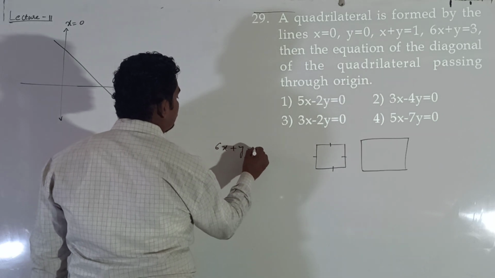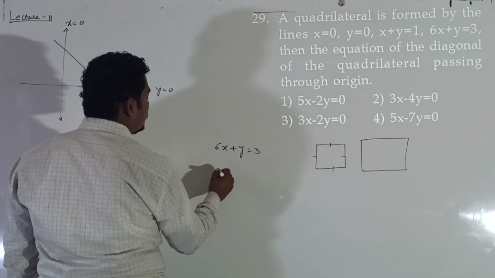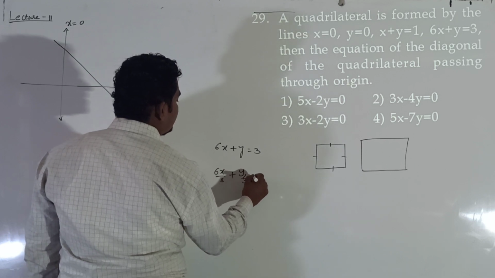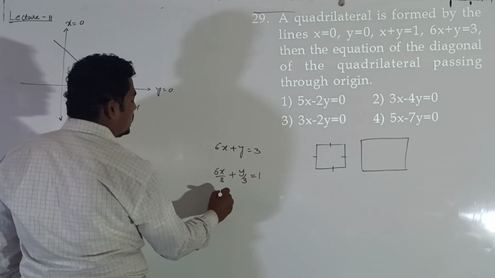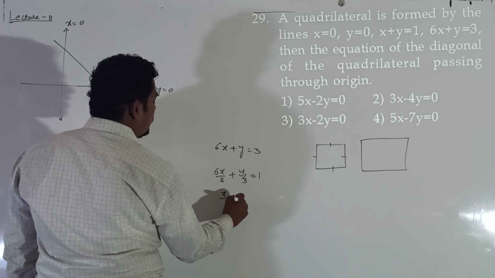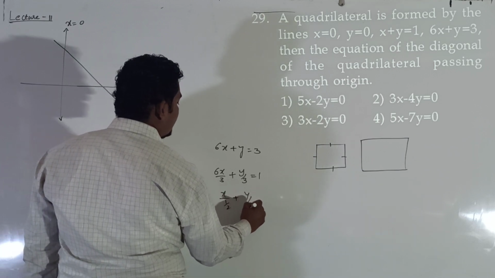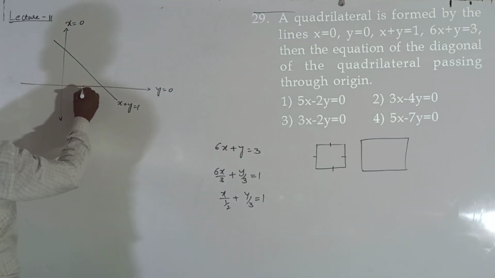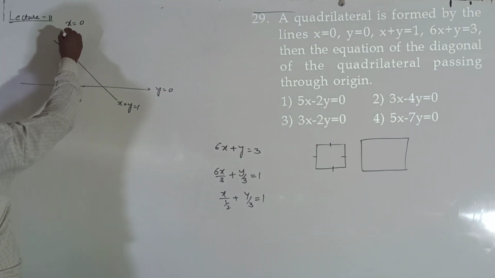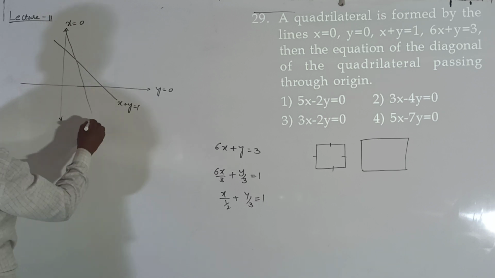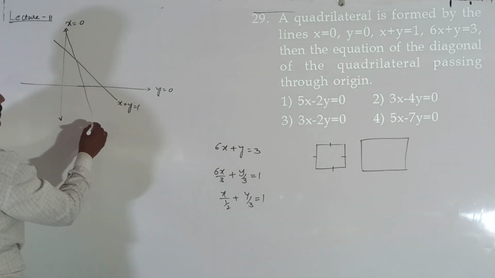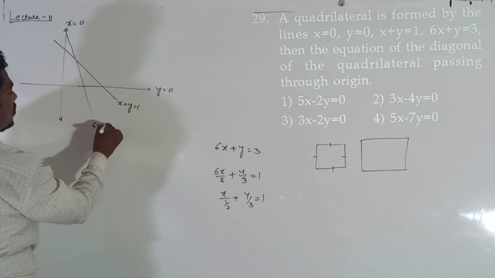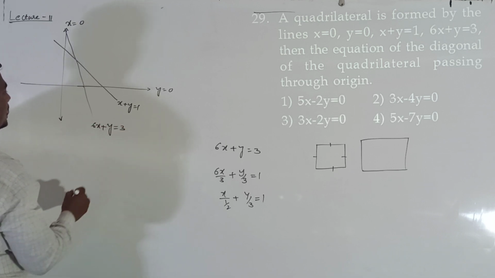Dividing 6x plus y is equal to 3 by 3, we get 6x divided by 3 plus y divided by 3 is equal to 1, then x divided by 1 by 2 plus y divided by 3 is equal to 1, the intercept form. Here we have 1 by 2, here we have 3, this is the line 6x plus y is equal to 3.